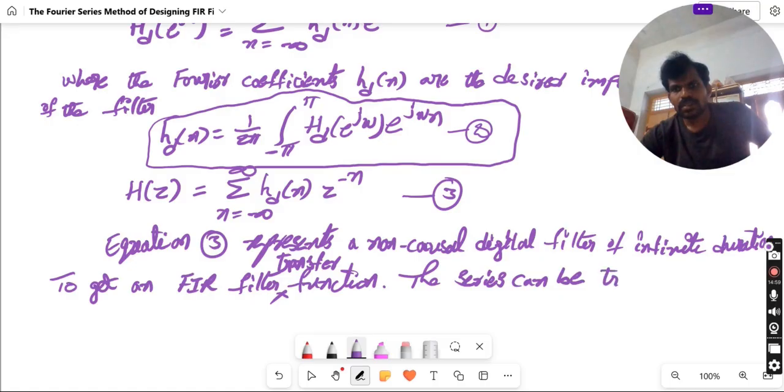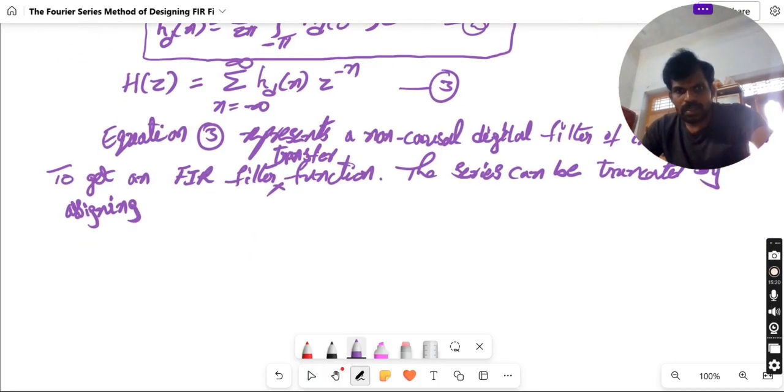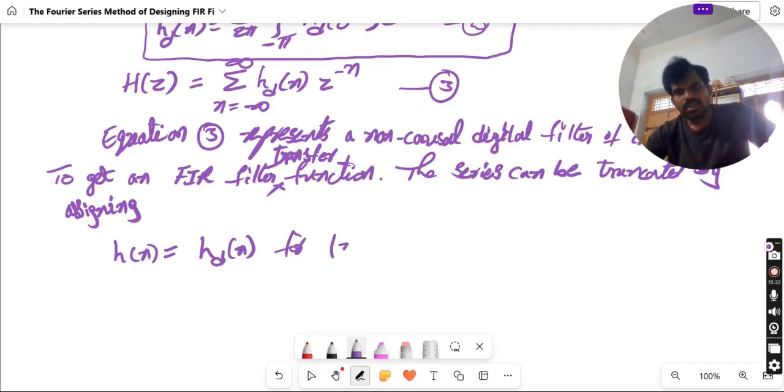To get an FIR filter transfer function, the series can be truncated. Actually the Fourier series is periodic, which is truncated by assigning h of n equal to the desired filter impulse response hd of n for small n value lying between minus (N minus 1) by 2 to plus (N minus 1) by 2, where capital N indicates the length of the filter.